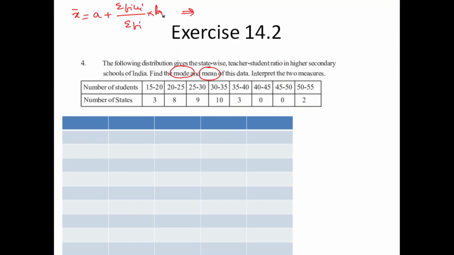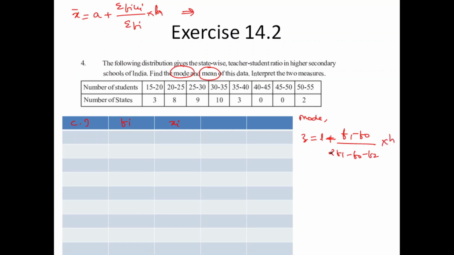Let's see how to solve this. This is your class interval, this is your frequency, this would be your x_i, and you know that the mode, that is z, equals L plus f1 minus f0 by 2 f1 minus f0 minus f2, into h.